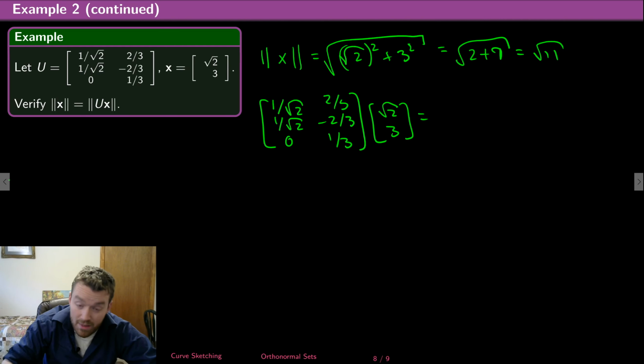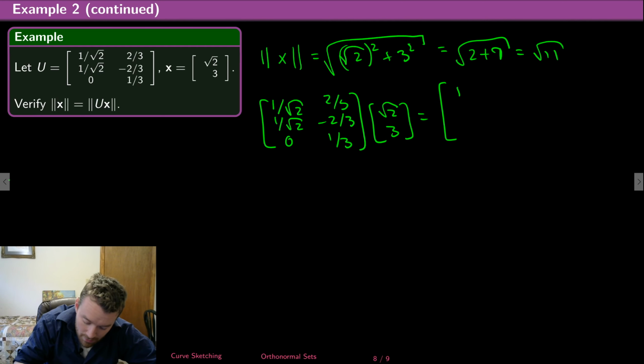So this is going to give me a vector in R3 that looks like this. 1 over root 2 times root 2 is 1, plus 2/3 times 3 is 2. 1 over root 2 times root 2 again is 1. This time minus 2/3 times 3 is minus 2. And finally 0 times root 2 is 0. 1/3 times 3 is 1. And so this vector is 3, negative 1, 1.